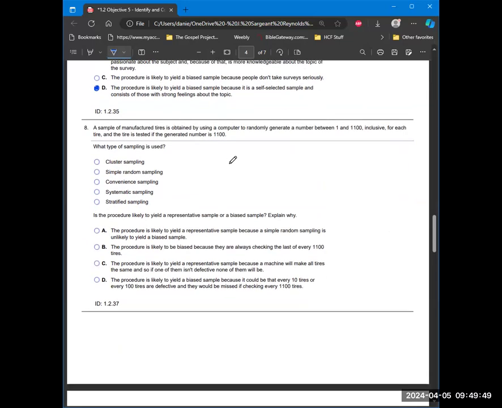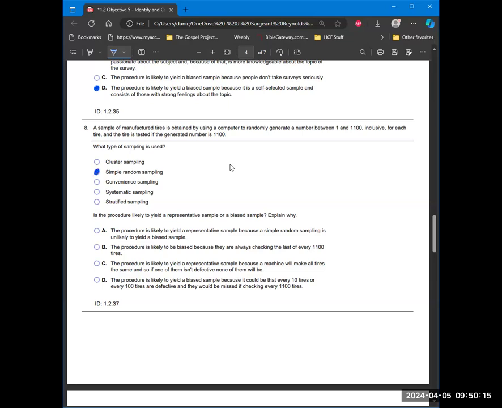A sample of manufactured tires is obtained by using a computer to randomly generate a number between 1 and 1100 inclusive for each tire, and the tire is tested if the generated number is 1100. What type of sample is being used? That's a simple random sample.